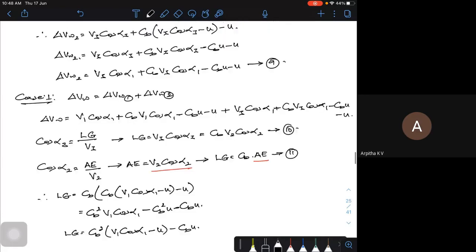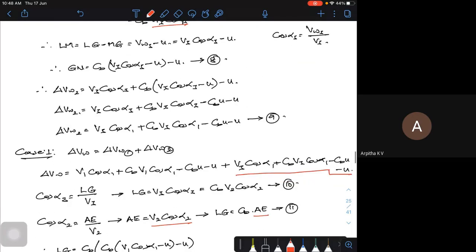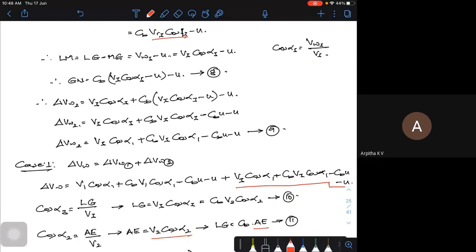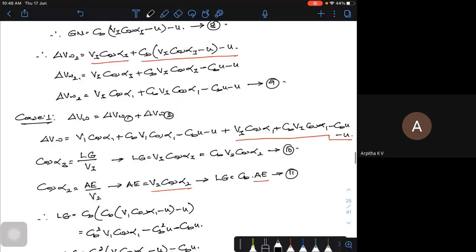So here, all these expressions, whatever we have written, I can write in V1 cos alpha 1. If you go back and see, this is your Lg. If you write the same thing in terms of alphas, I can write in that particular form. This is the case 1 what I've written.